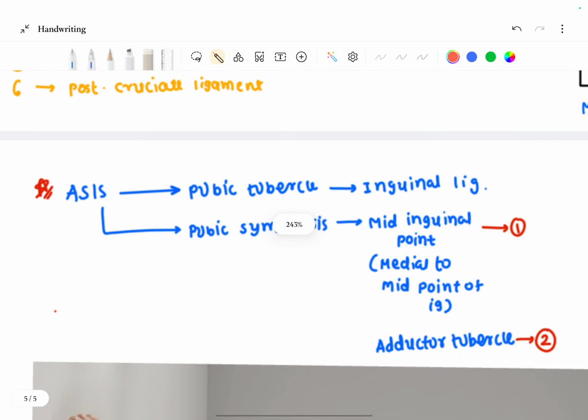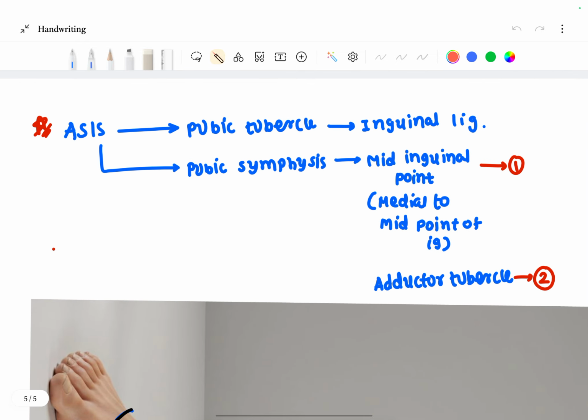Here, as you know, first we will discuss the inguinal ligament, then the mid-inguinal point. Both are different. Suppose I draw here the hip bone, a part of the ilium of the hip bone, and here is your pubic symphysis.